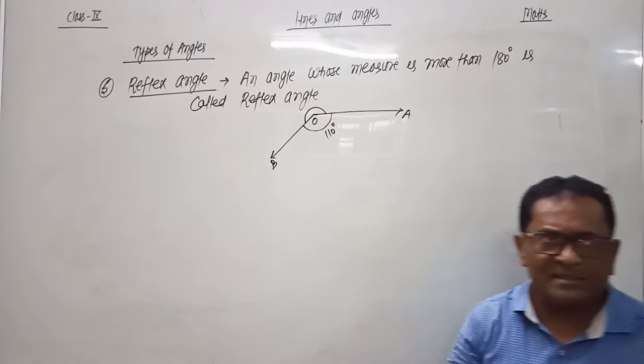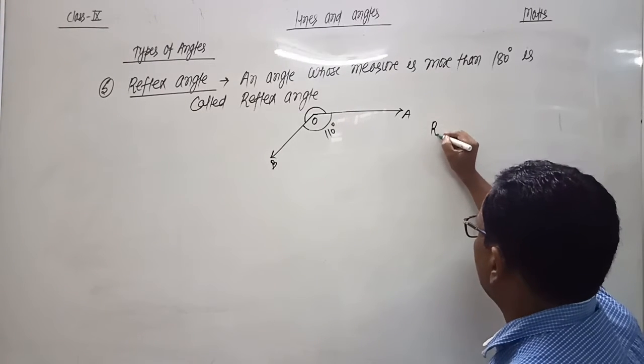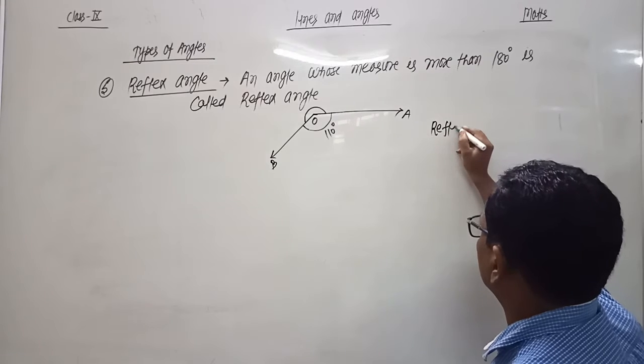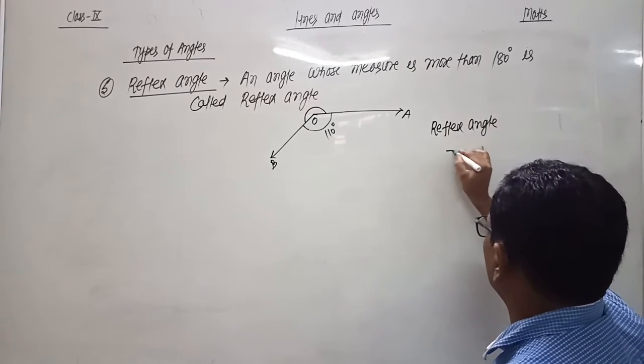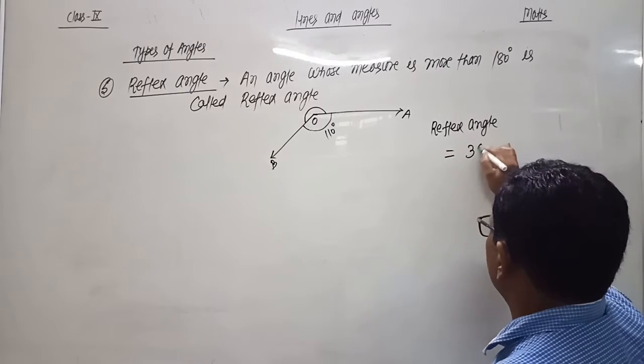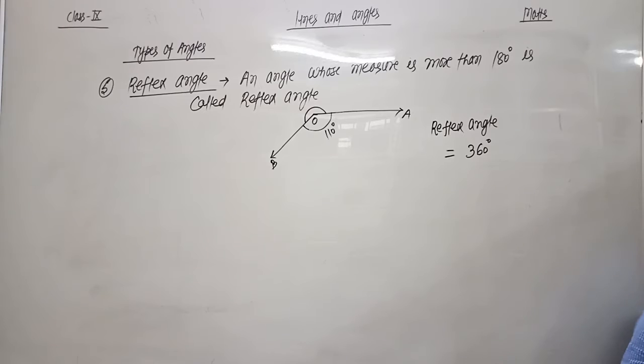If you have been given the interior angle and you have to find the reflex angle, then the formula for finding the reflex angle is 360 degree minus interior angle, because the total angle formed at any point is 360 degree.